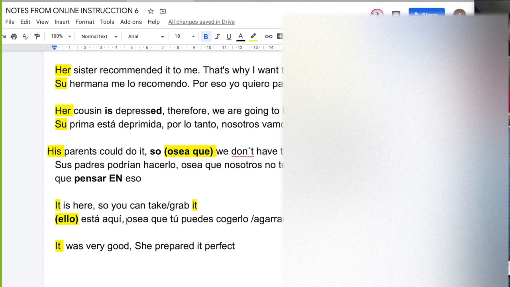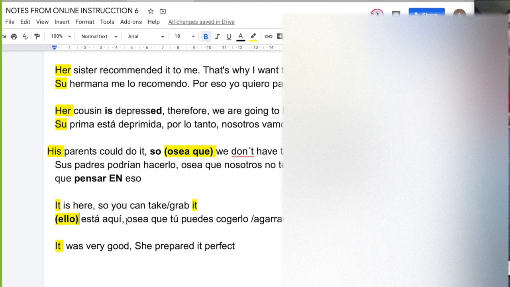Or how would you say, for example, it is pretty? As far as this example. Está bonito. We are describing something now. Es bonito, we don't say ello es bonito. Nobody says that. We don't say ello está aquí. Nobody says that.